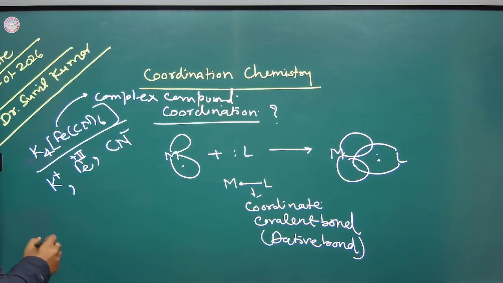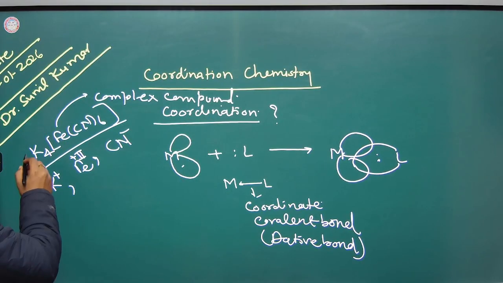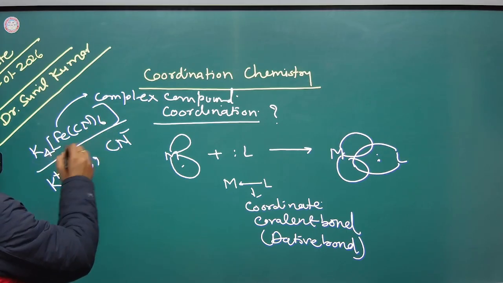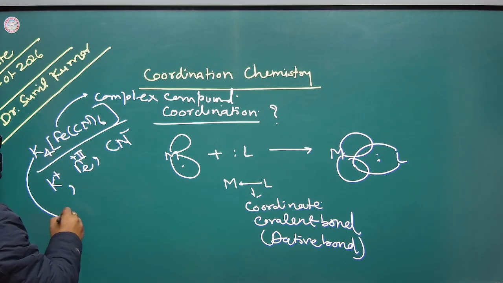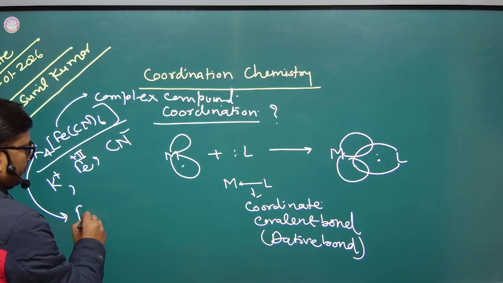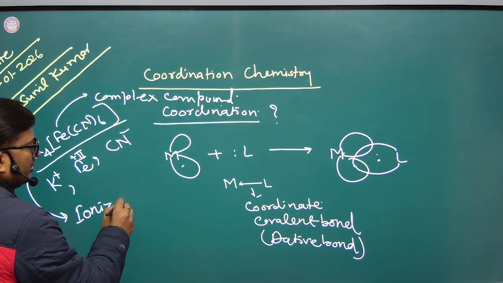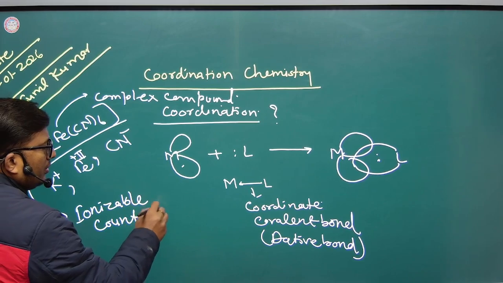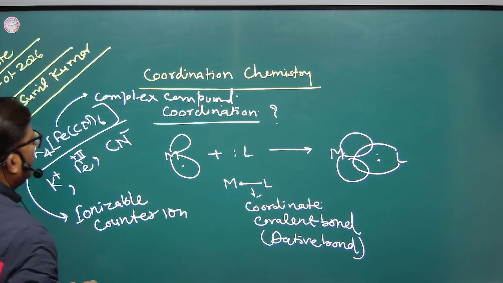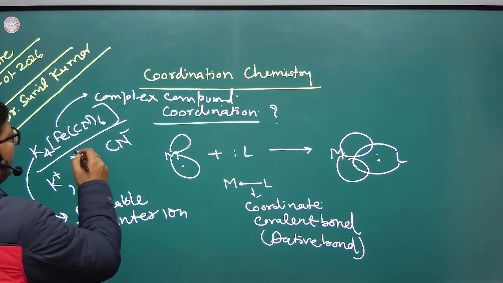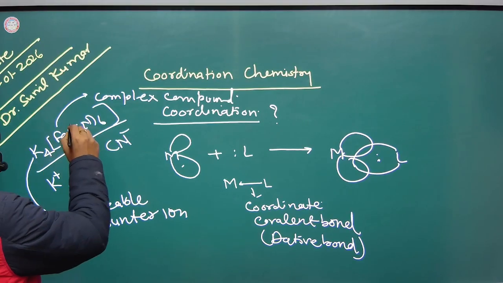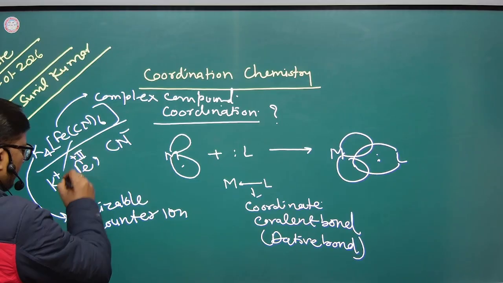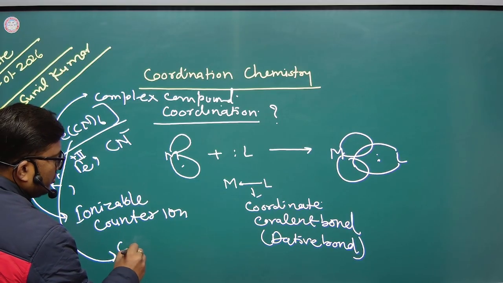Okay, and the left side of the square bracket is the ionizable counter ion, right? And the square bracket is called the coordination sphere.